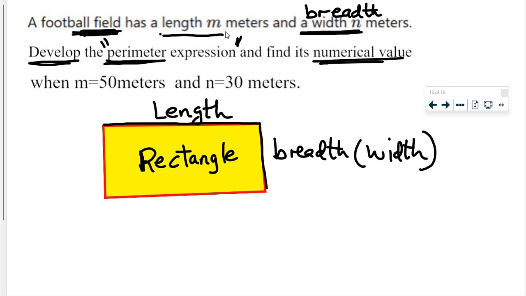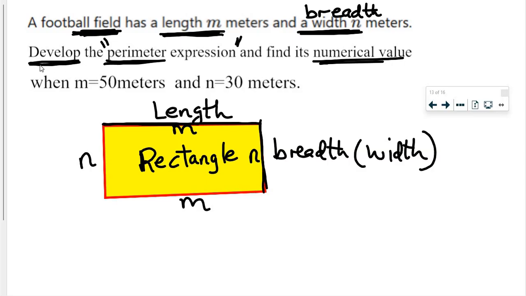Now, the length is m, so you write m. The width is n, so go ahead writing n. Now this side here, if it is m, even this side will be m. If this side is n, even this side will be n.